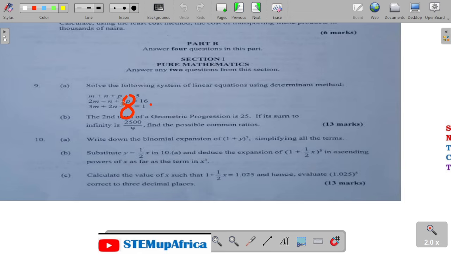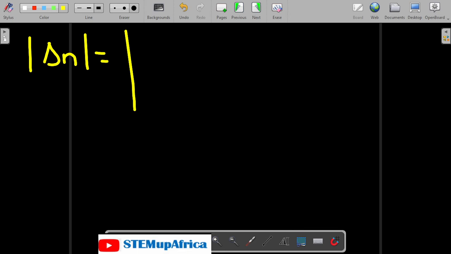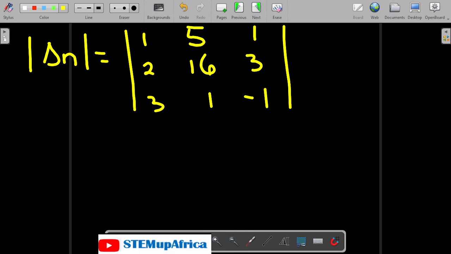So I will come back and replace the coefficient of n. So m now will remain the same. Delta n is the determinant of 1, 2, 3, I'm not replacing the n now, 5, 16, 1, and then 1, 3, minus 1. Yes, plus, minus, and plus.